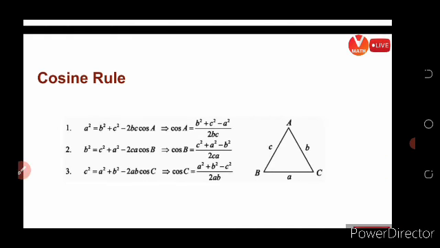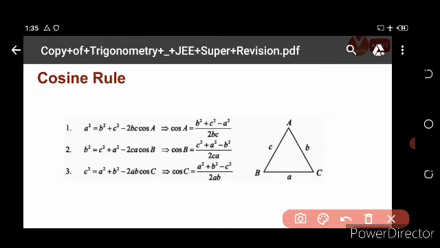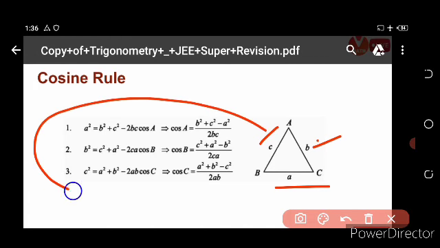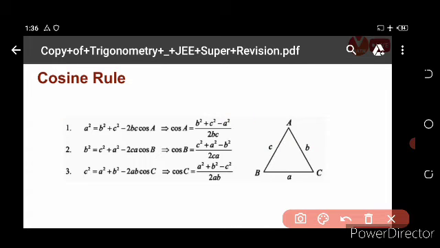Then come to cosine rule. Always note that a square is equal to b square plus c square minus 2bc cos A. All the formulas are logic, you only keep in mind the form of the logic.